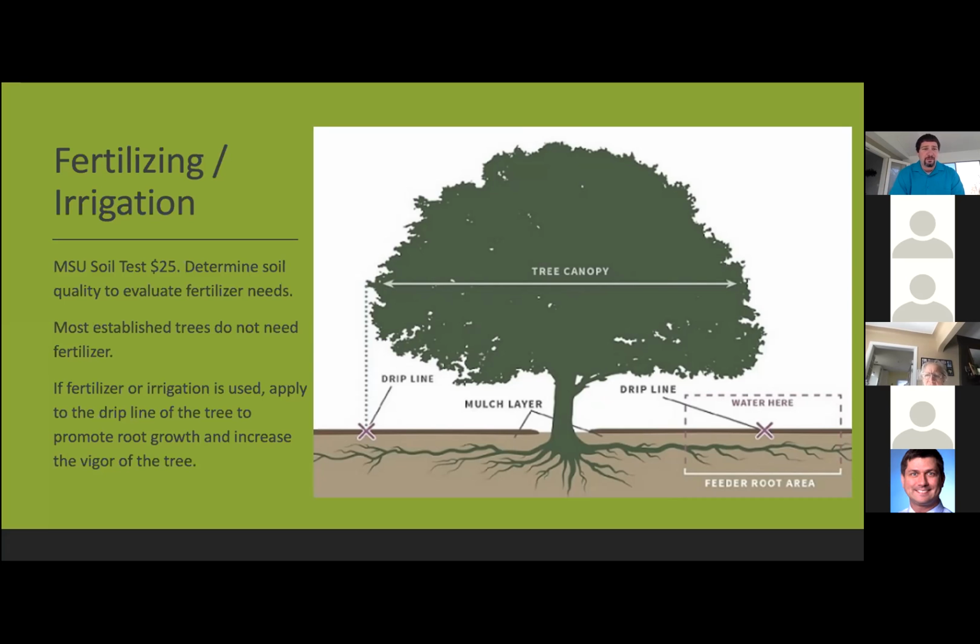But if we have a drought that bad, we're probably not going to want to spend our water on street trees, because we're going to need it for other vital uses. So typically I do not recommend fertilizing or irrigation for trees unless there are very unique circumstances.